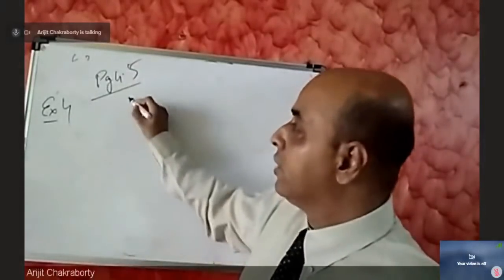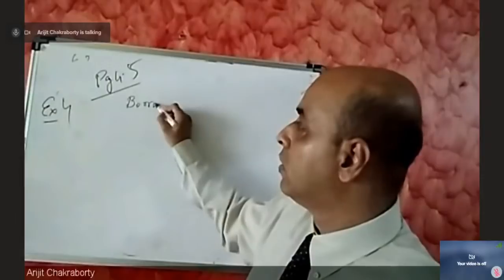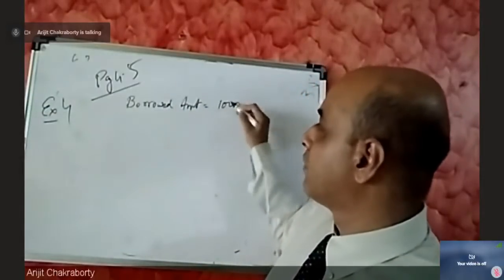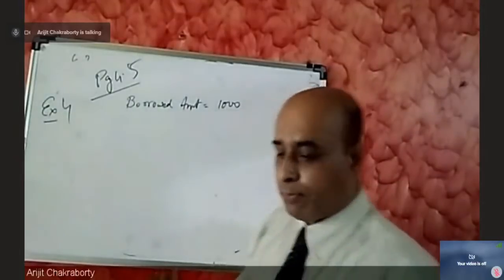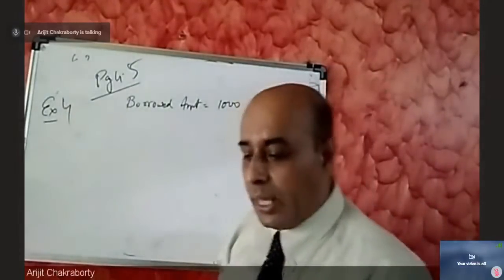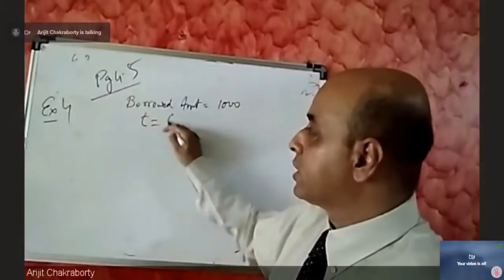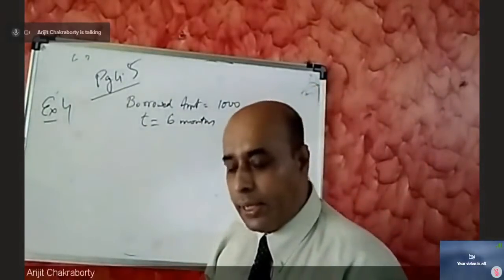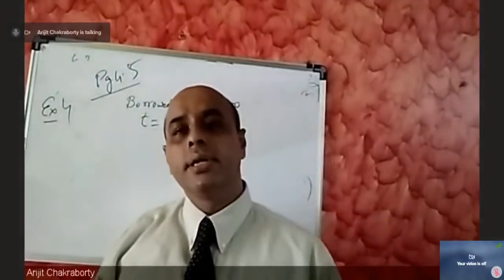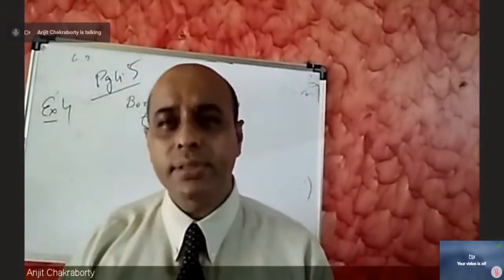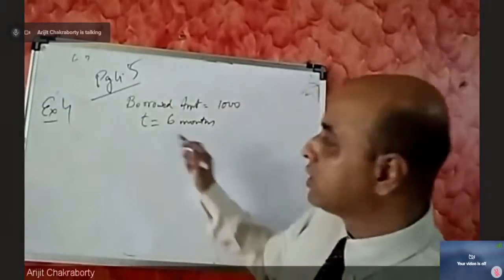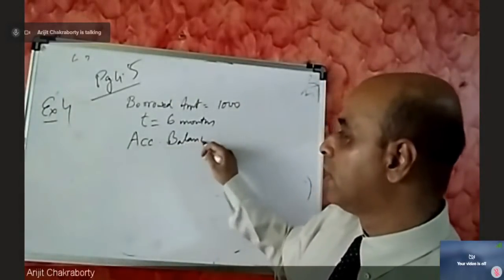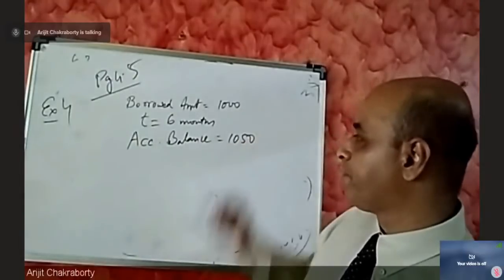Now here, the borrowed amount is 1000. Okay? The borrowed amount is 1000 and the time period T is 6 months. Okay, and the amount which is accumulated after 6 months is 1050. So the accumulated balance is 1050.